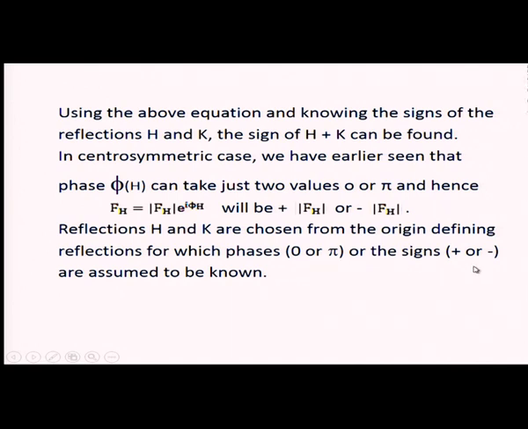Of course, for enhancement of your discrimination, you take one more reflection. That is what I told you in one of the presentations. Usually we take 5 reflections, 4 reflections for origin fixing and 1 for enhancement of fixation, and you know the phases or symbols of all these 5. Depending upon these, 2 power 5, 32 sets, each set you can have the rest of the 395 reflections if you start with 400 reflections. Okay.